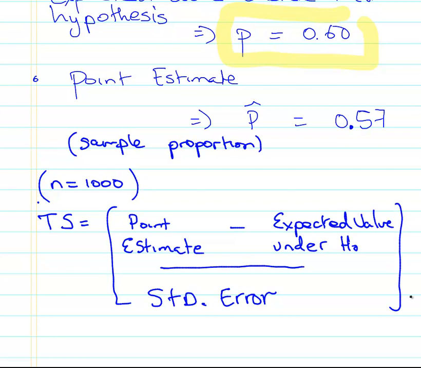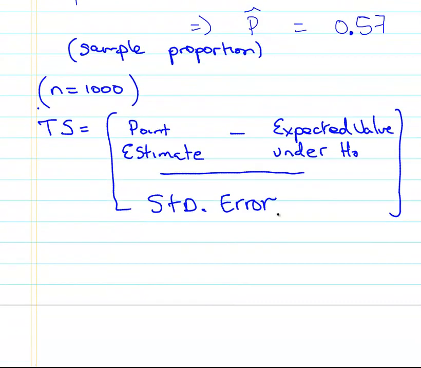We can already tell that the point estimate minus the expected value under the null hypothesis is going to be minus 3. I'm going to work in terms of percentages, because you'll notice when you're calculating the standard error that the number crunching gets a little bit easier. So 57% minus 60%, all over the standard error.